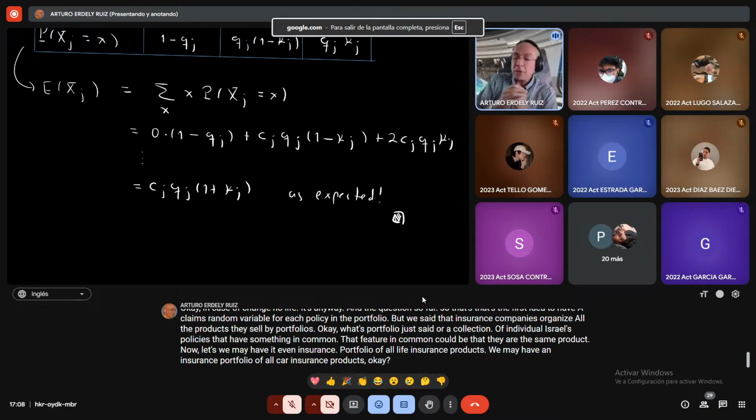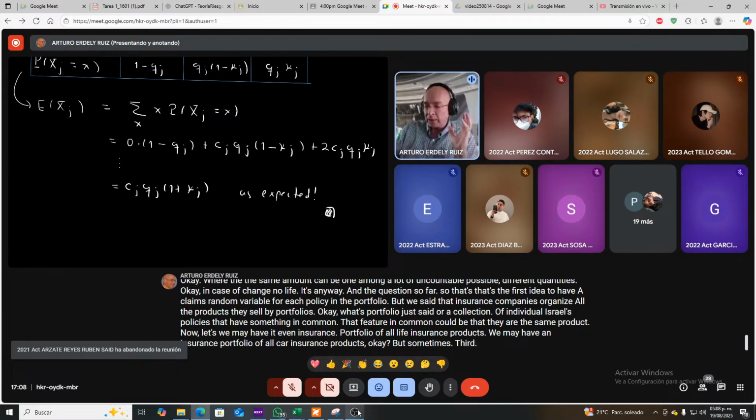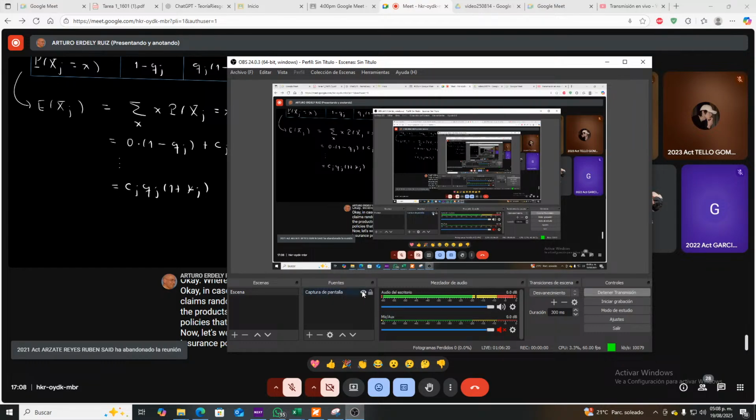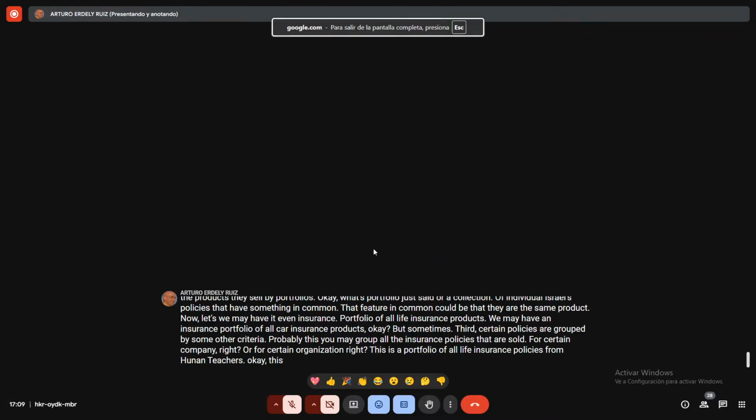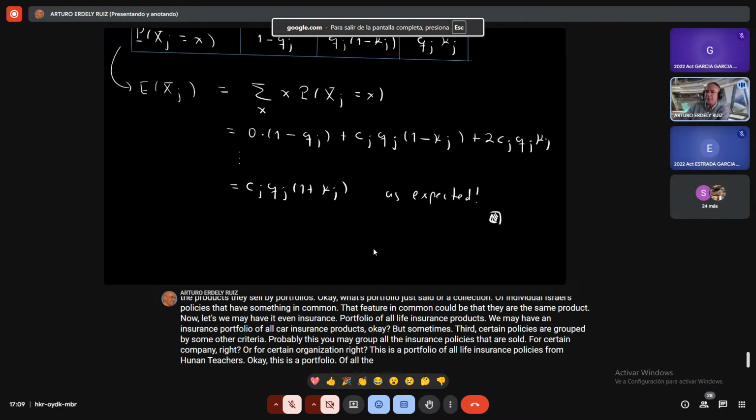But sometimes certain policies are grouped by other criteria. You may group all the insurance policies sold to a certain company or organization. This is the portfolio of all life insurance policies from UNAM teachers, for example. Okay, this is a portfolio of all the major medical insurance for UNAM teachers.